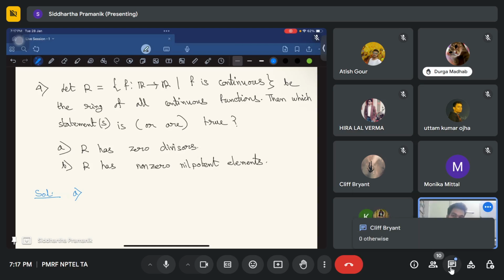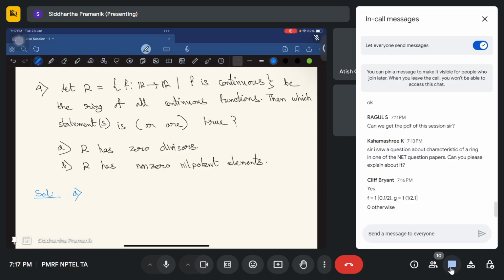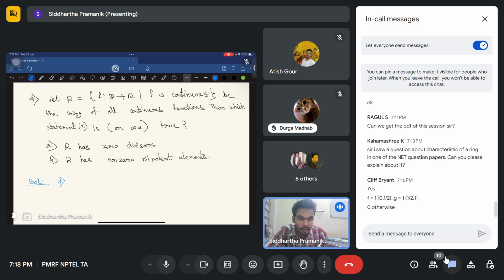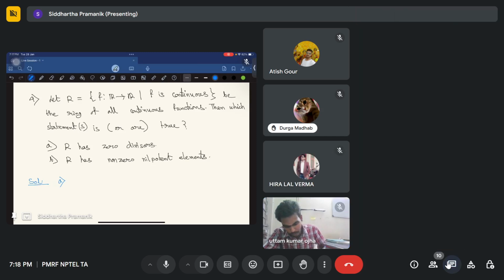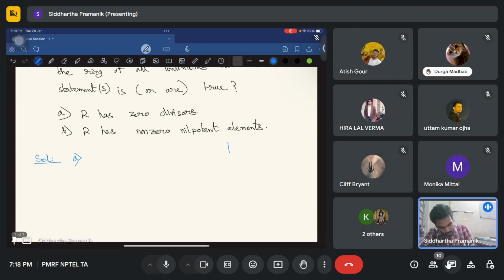The function you have given is not continuous, right? I am talking about continuous functions. But the approach will be the same. Basically, you just look at the graph. This is your x-axis, this is your y-axis.